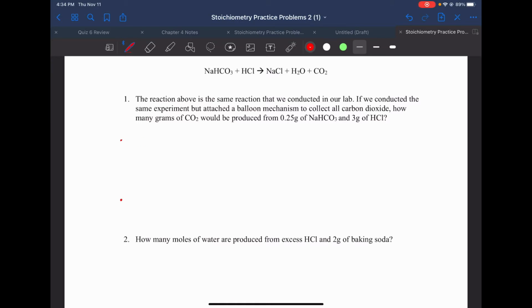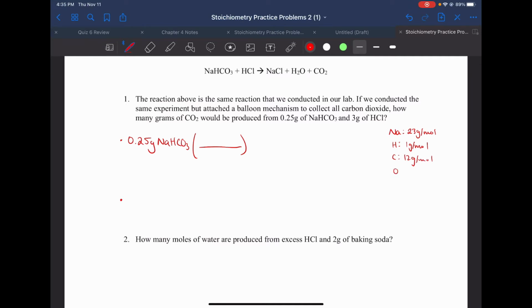So 0.25 grams of NaHCO3. Let's go ahead and weigh them out here. Sodium is 23 grams per mole. Hydrogen is 1 gram per mole. Carbon is 12 grams per mole.